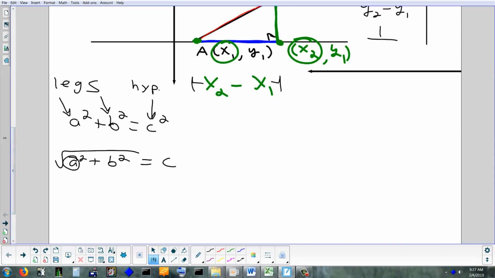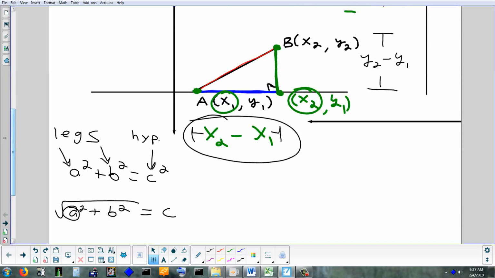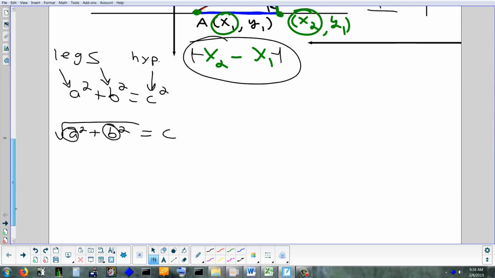Just fill in for A the length of the bottom side. Kyle, right? Yeah, just like Kyle said. Fill in x2 minus x1 for the length of the bottom. Fill in y2 minus y1 for the vertical. And there's your distance formula.